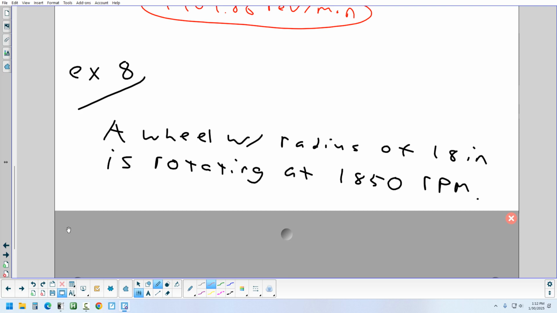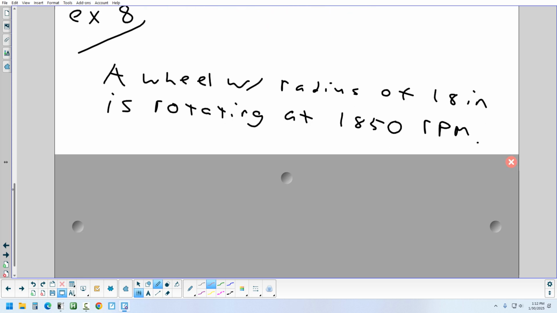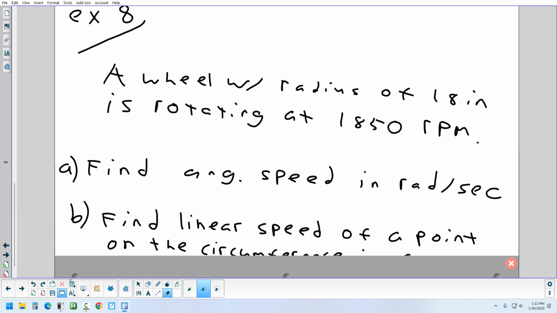So we've got a wheel that's 18 inches in radius, and the wheel is spinning at 1850 RPMs. What did I say if you see RPMs? What did I say it stands for? RPM, revolutions per minute. Revolutions per minute, or rotation, yeah. Revolutions per minute. All right.